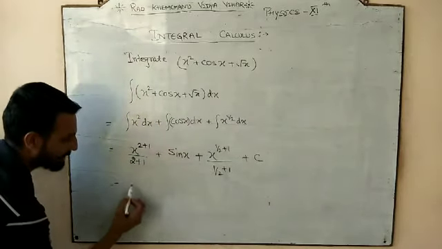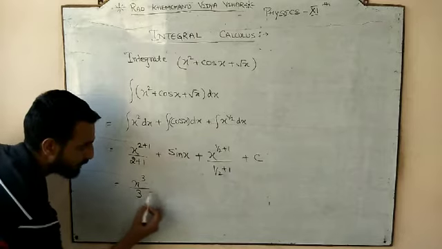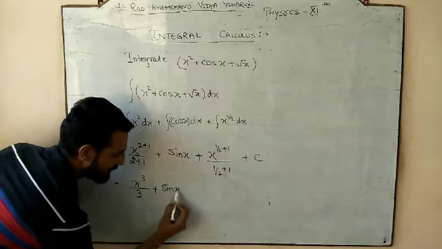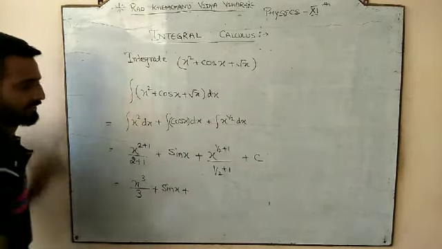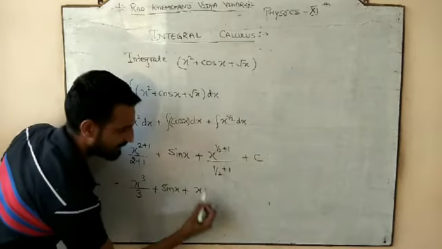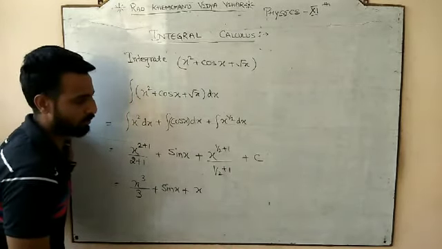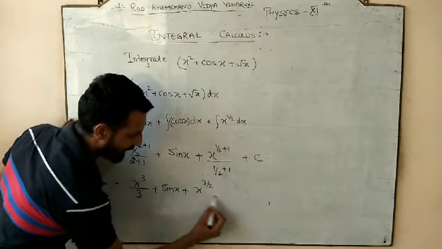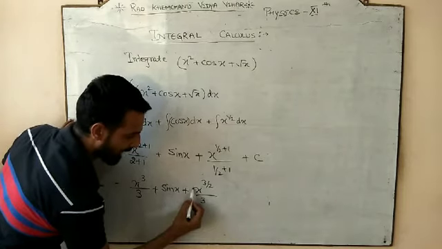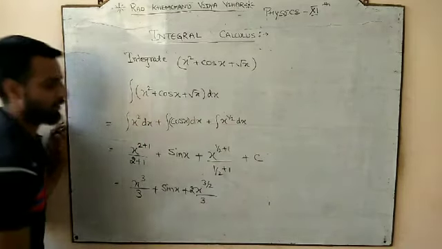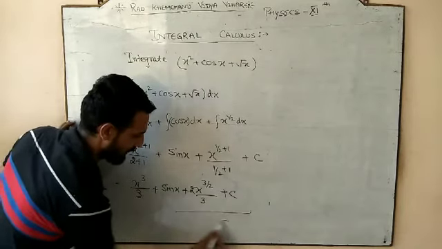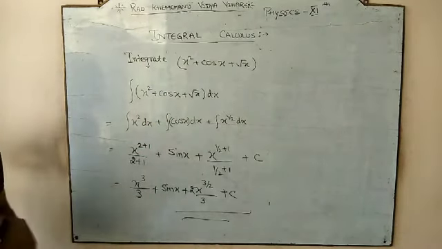So your answer would be x cubed by 3 plus sin x plus x power half plus 1, so it would be x power 3 by 2 divided by 3 by 2, means 2x की power 3 by 2, plus constant. And this is your answer.